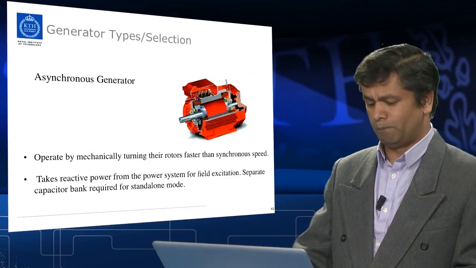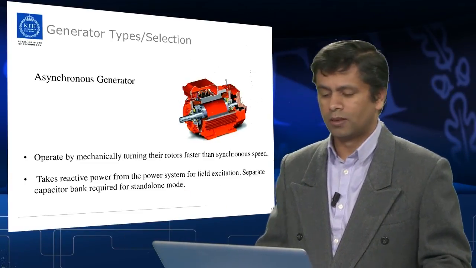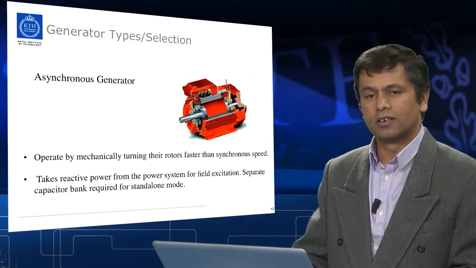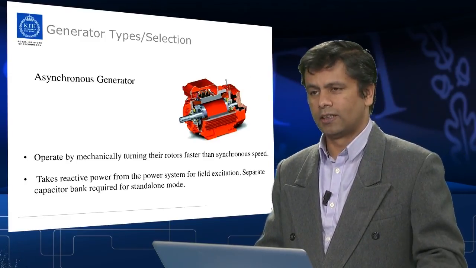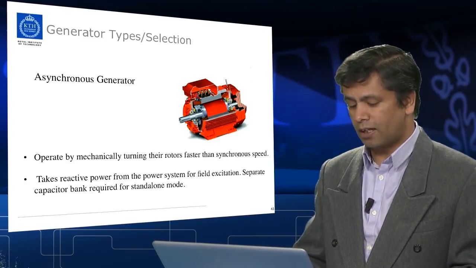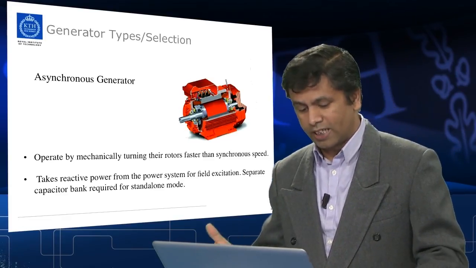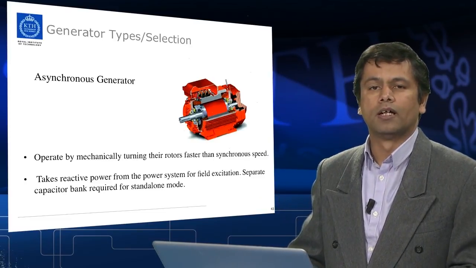And normally, when you connect this to the power system, it will always give the active power and take the reactive power for the field excitation, if you connect it to the grid. And if they are in isolated mode, then maybe they need a capacitor bank to operate in the stand-alone mode.